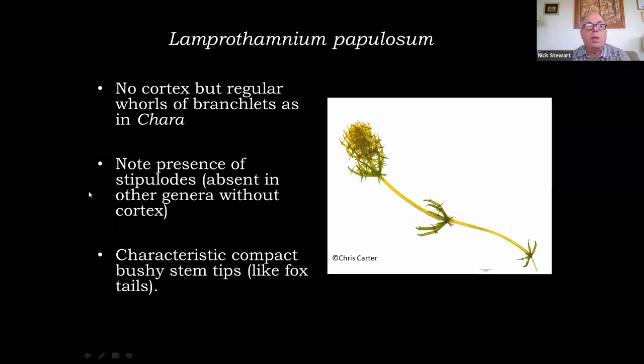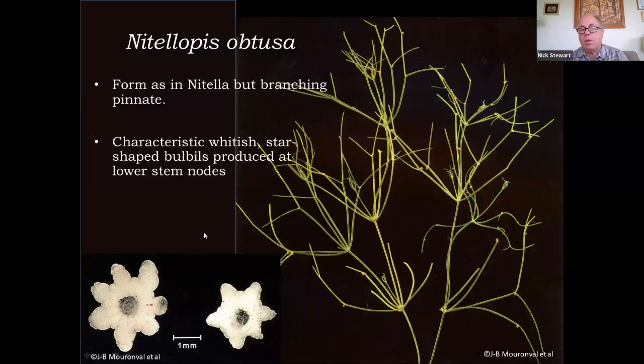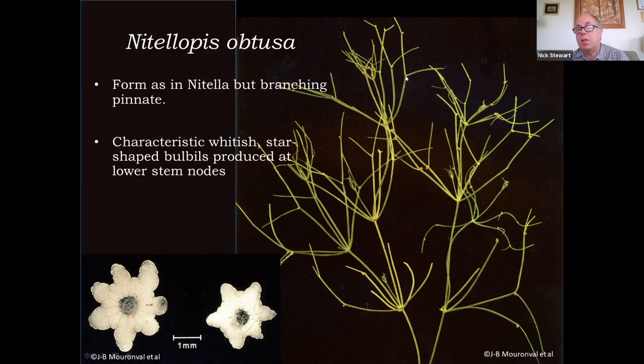The other one is starry stonewort, Nitellopsis obtusa, which looks generally like a large Nitella opaca. It has a pinnate branching, although that's often quite difficult to see, particularly when things start getting broken off. The best place to see the pinnate branching is if you look at these young internodes before they've opened out properly.